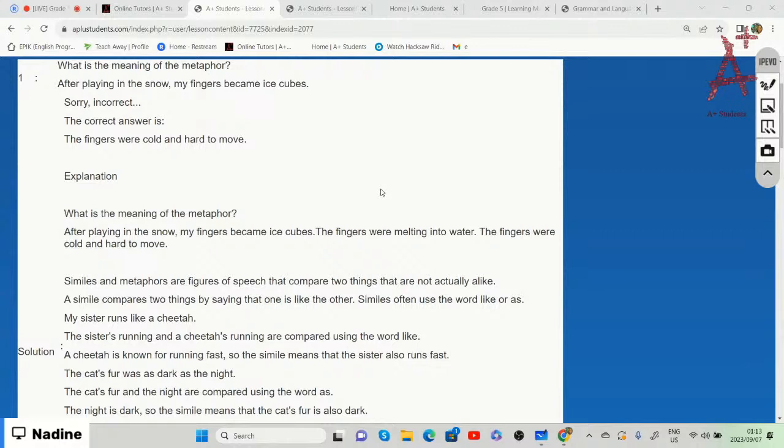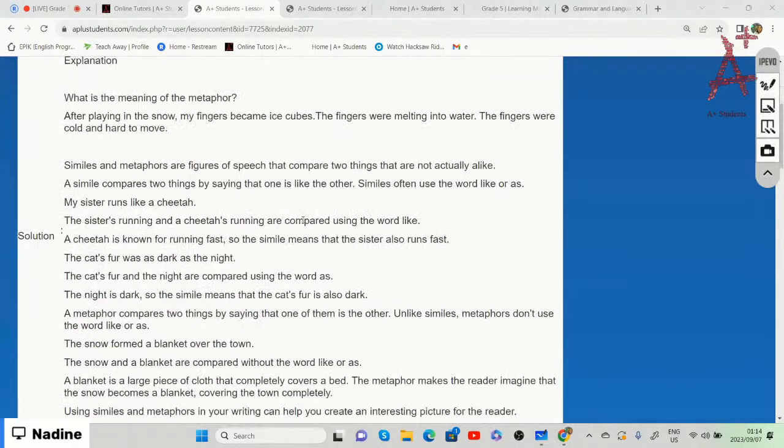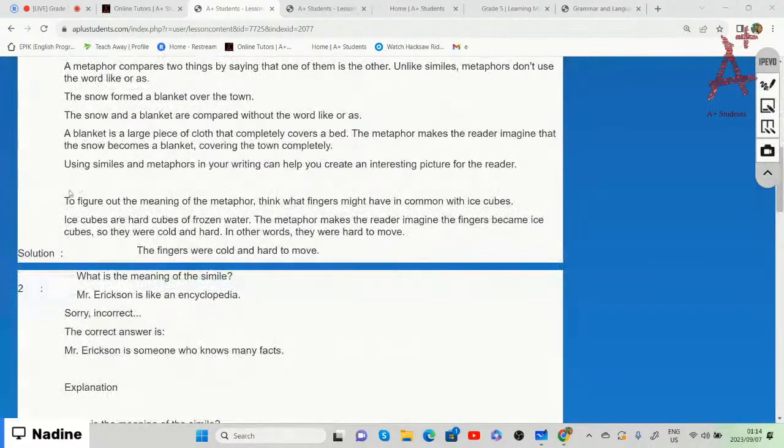So we need to basically give the meaning of the metaphor. When it comes to ice cubes, remember we said that your fingers become hard, right? They become ice cold, specifically because of the weather.